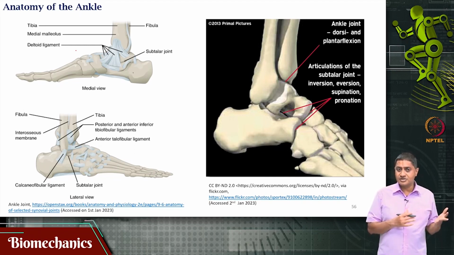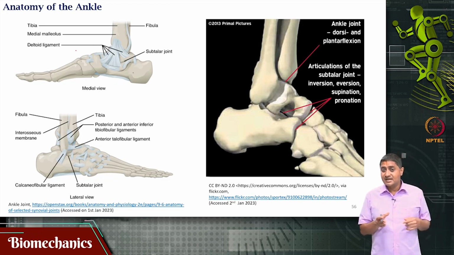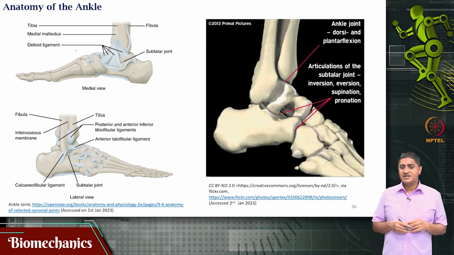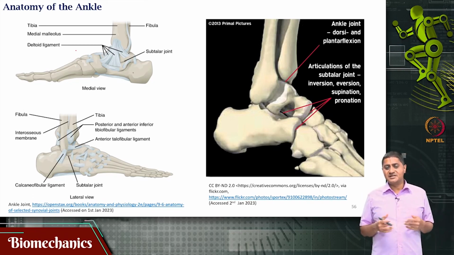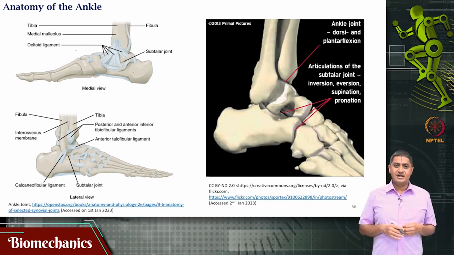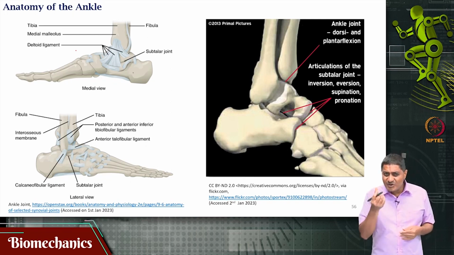Unlike the talocrural joint, which is the ankle joint, which is a hinge joint, the joints that we are speaking about, the joint between the talus and the calcaneus and the tarsal joints, are all plain joints. All these joints together produce a substantial amount of movement, but each of them produces a very small amount of movement in the plane that we are discussing.